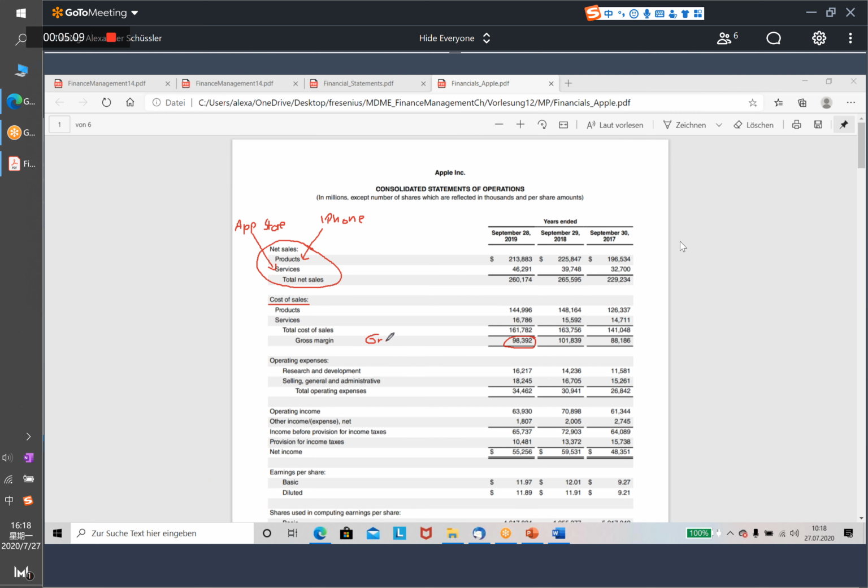Gross profit is the sales revenue minus the cost of sales. They call it gross margin. This is the gross profit, and you can also calculate a percentage of total sales.